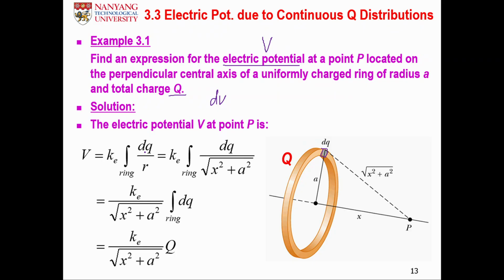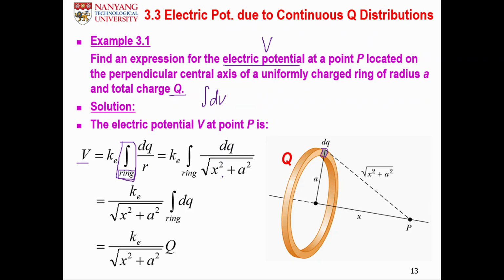Right? This is step 1. And then step 2, we do the integration of this dV over the entire charge object, which in this case is a ring. So you do this integration over the entire ring. By right, what you get should be the total potential, right?